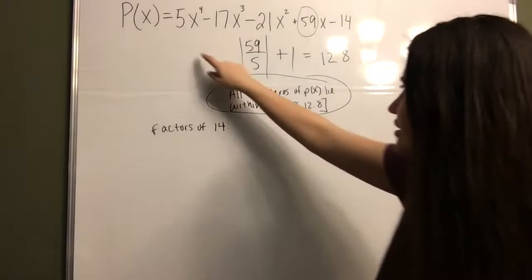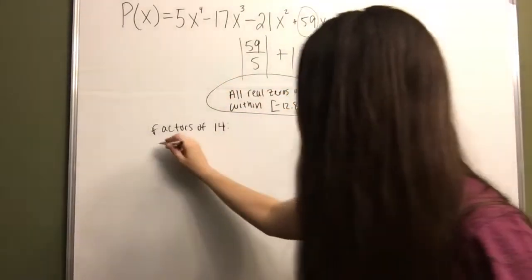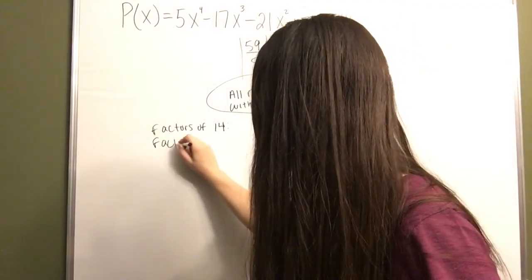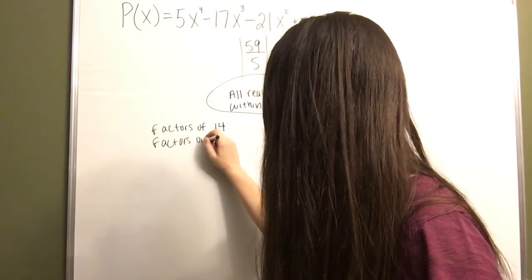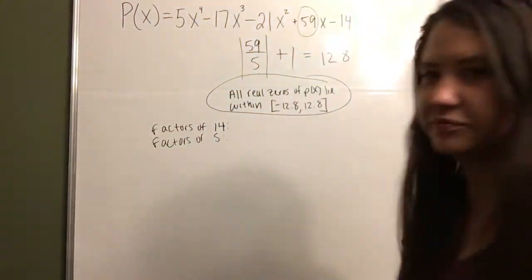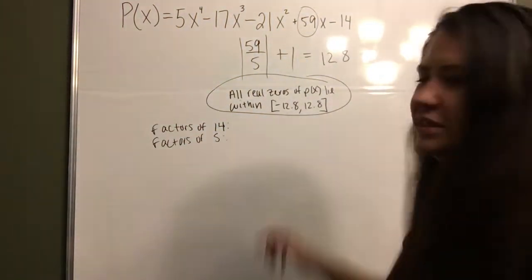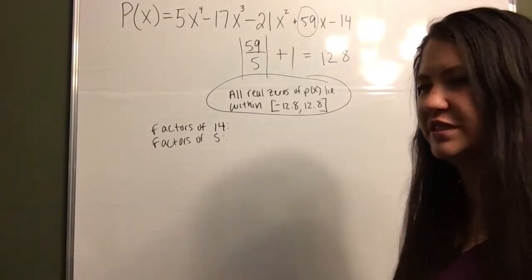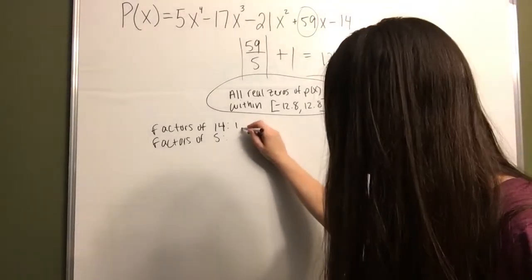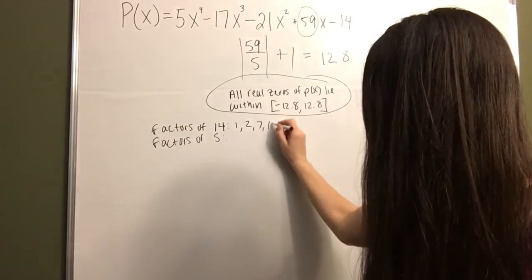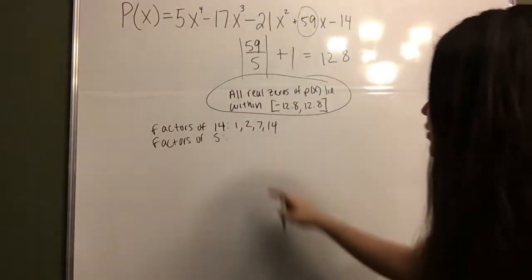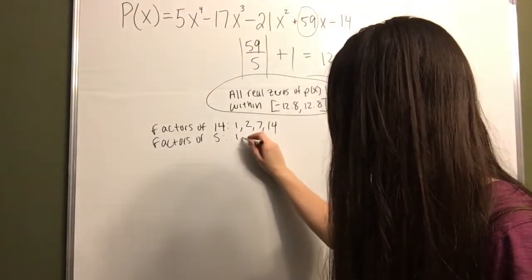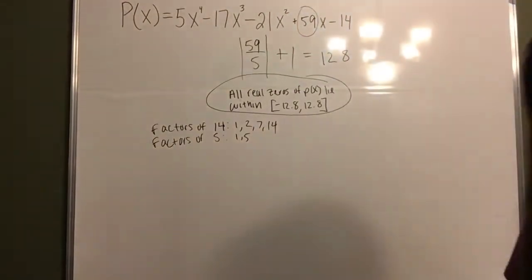And we also had to list factors of the leading coefficient. So we had to list factors of 5. All right, so factors of 14, that means, what divides into 14 evenly? We have 1, 2, 7, and 14 itself, right? What divides into 5? 5 is prime, so only 1 and 5.